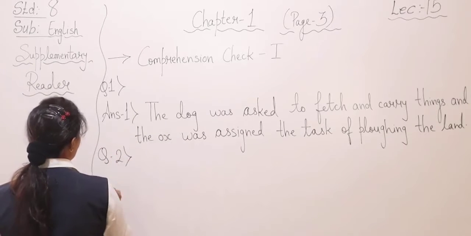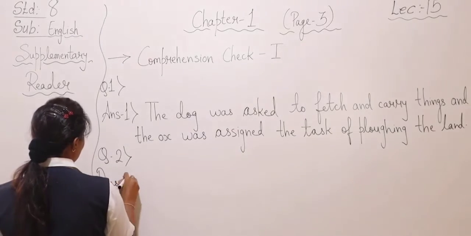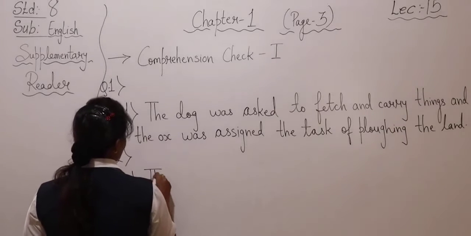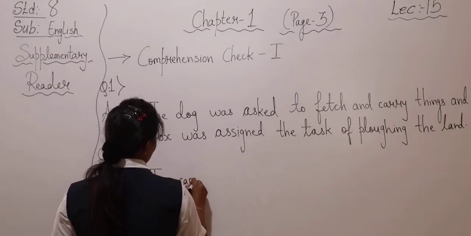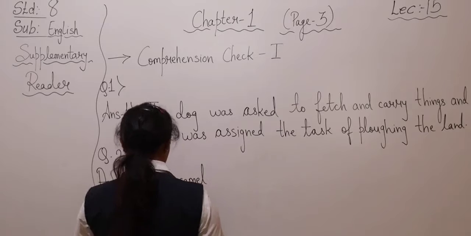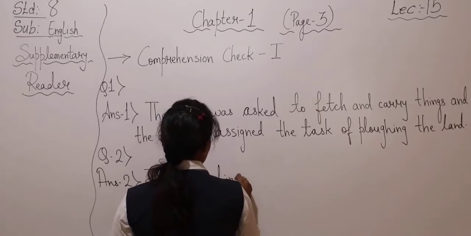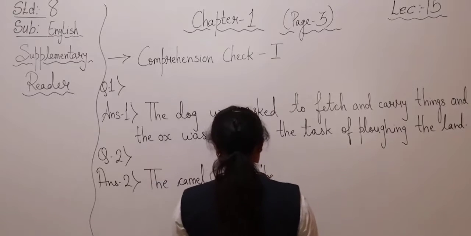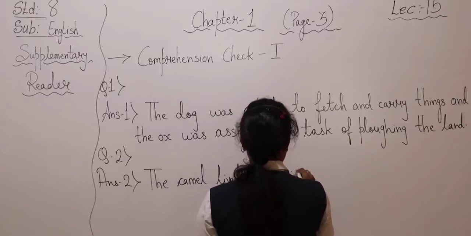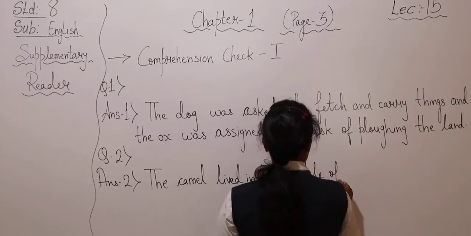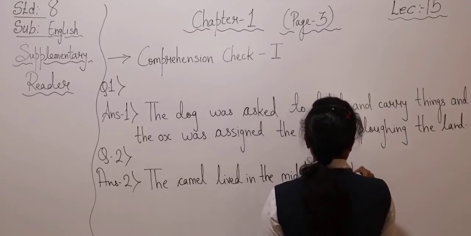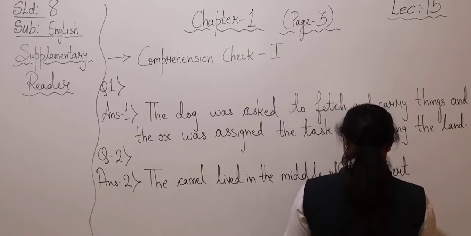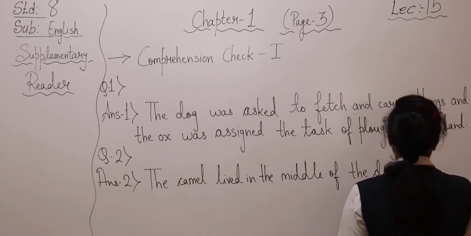Answer 2: The camel lived in the middle of the desert. We have to write down the reason for this, that why?